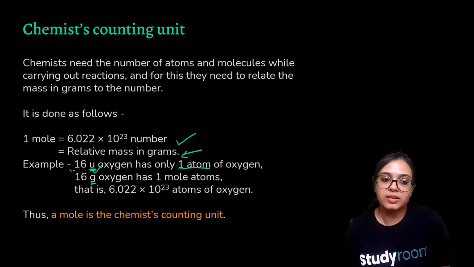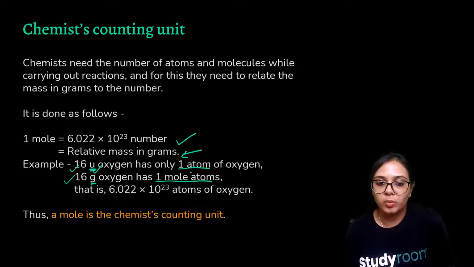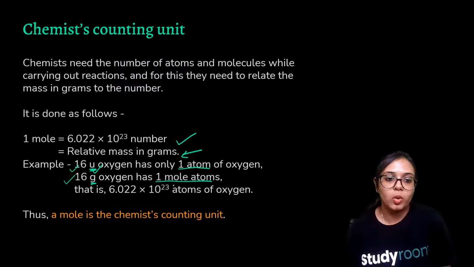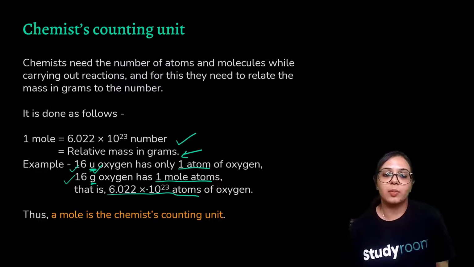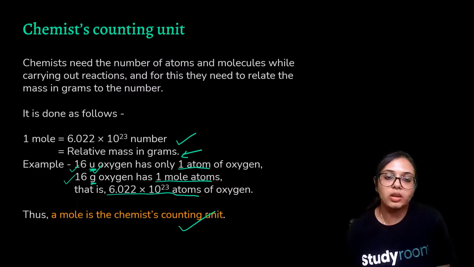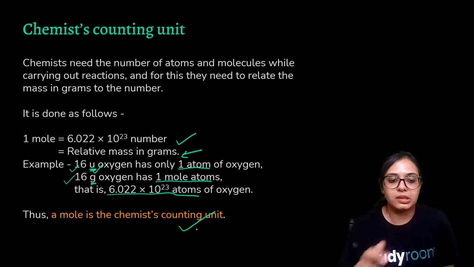The number is the same, but since gram atomic mass is for denoting mole, 16 gram of oxygen has 1 mole of atoms. And what is 1 mole of atoms equivalent to? 1 mole of atoms is equivalent to 6.022 into 10 to the power 23 atoms. So 16 gram has this many atoms of oxygen, and that is how chemists use mole to make tasks easier.